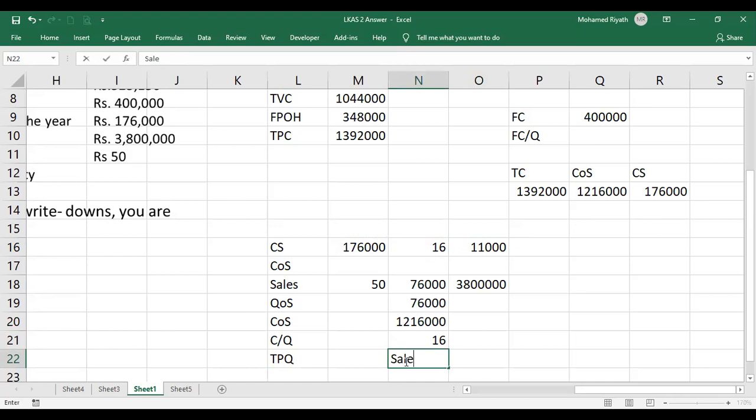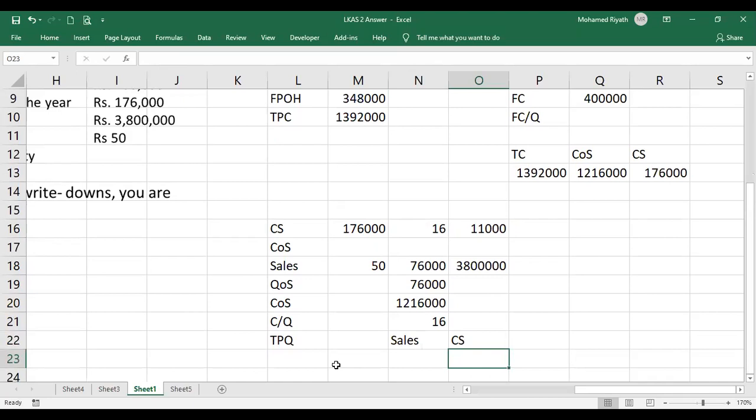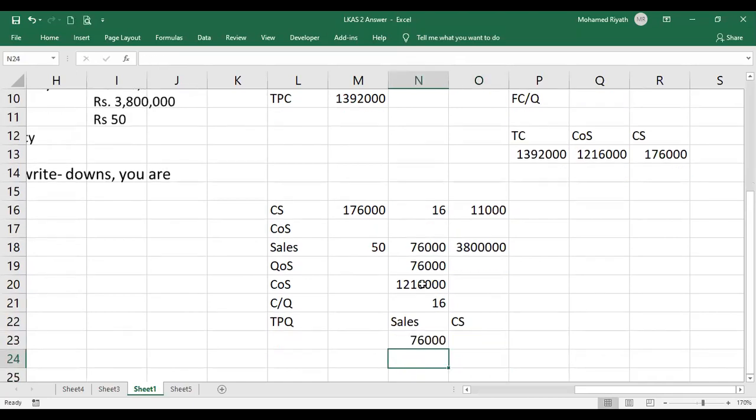Then total production units equal sales plus closing stock. Sales equal 76,000. Closing stock equals 11,000. Then total, how many units? 87,000.